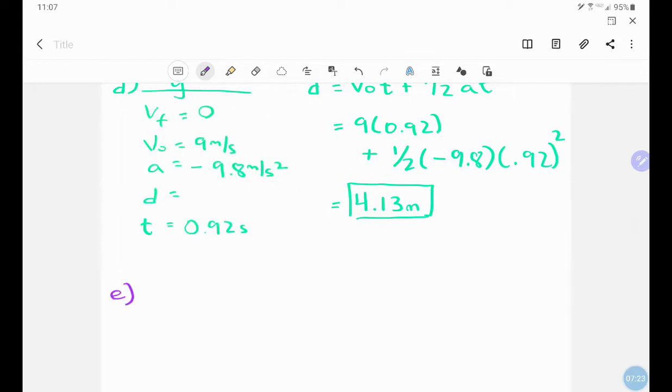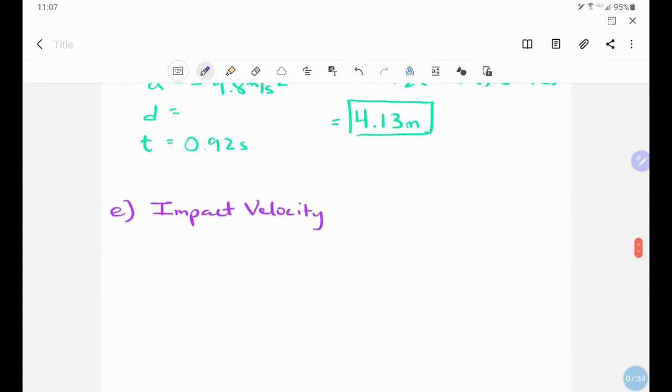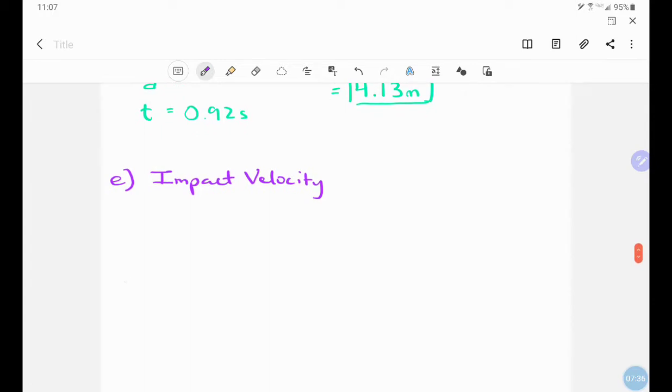And lastly, for part E, part E is impact velocity. We could do all the math, we could draw the triangle, we could solve it, but if we're very careful, we don't have to do that. Here's what I know. I know the initial velocity was 15 meters per second at an angle of 36.9 degrees to the horizontal.